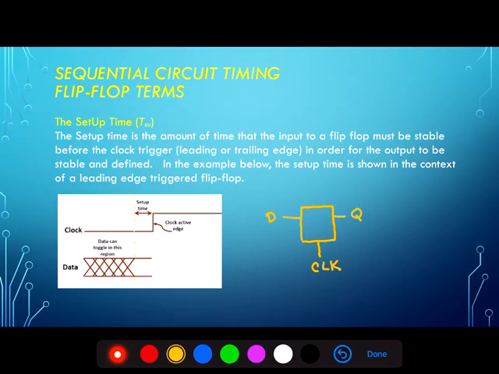The setup time is the amount of time that the signal D must be stable, or at a constant value, before the clock can go from low to high. That's the setup time. In a D flip-flop or any flip-flop that was trailing edge triggered, the setup time would be the amount of time before the trailing edge that the input must be stable, in order for the output to be stable as a result of a change in the flip-flop status.